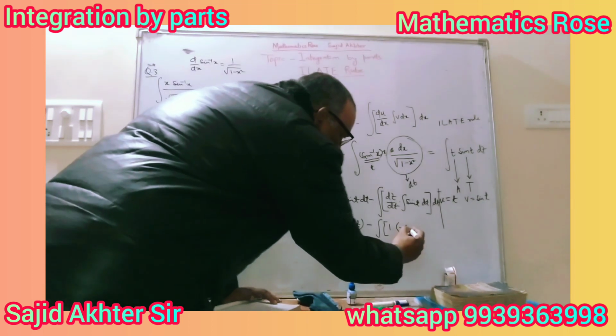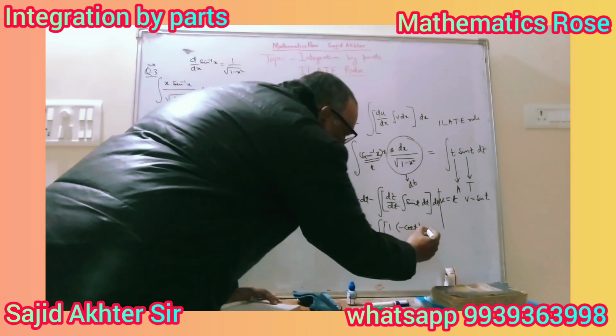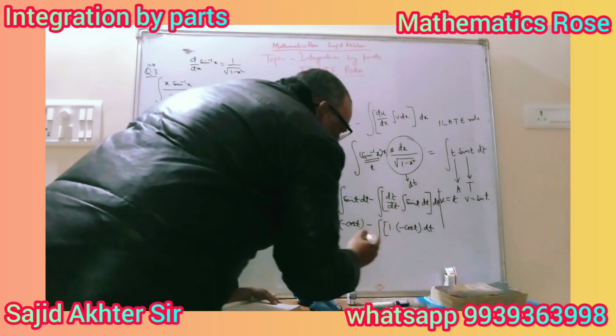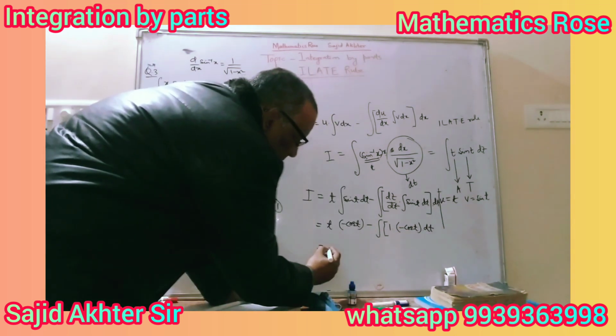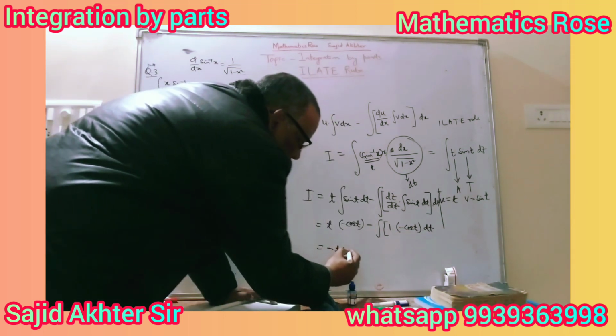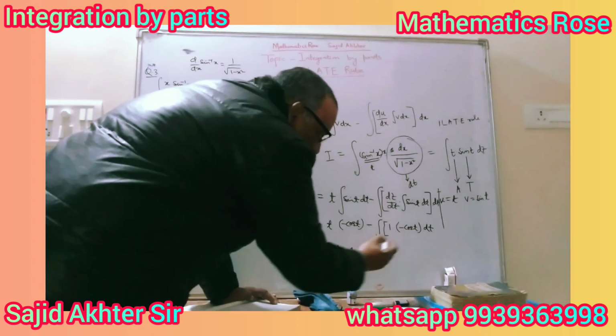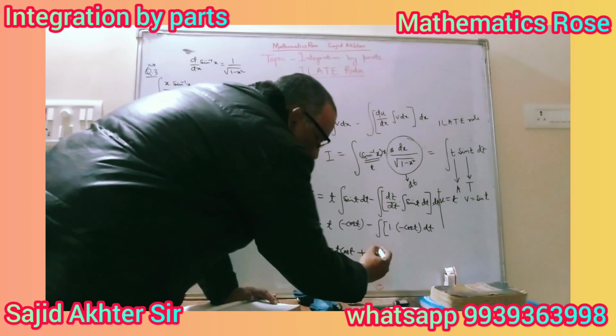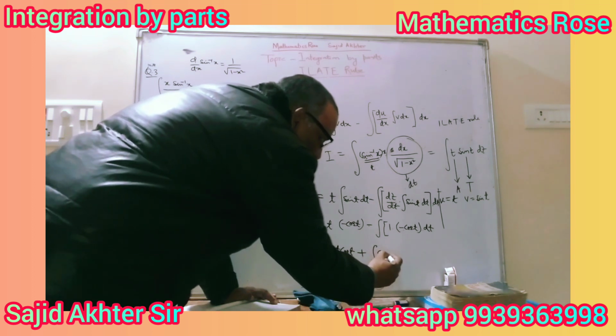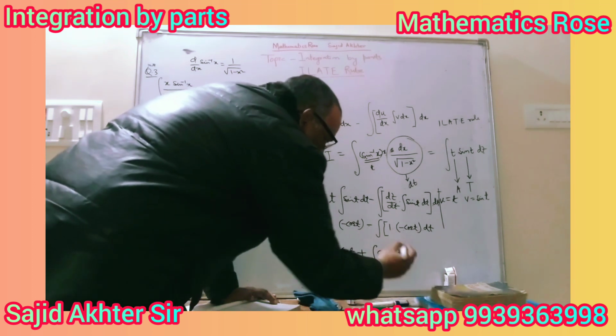So this is minus cos t, then dt. Now here minus t cos t, and this minus will multiply, it becomes plus integration of cos t dt.